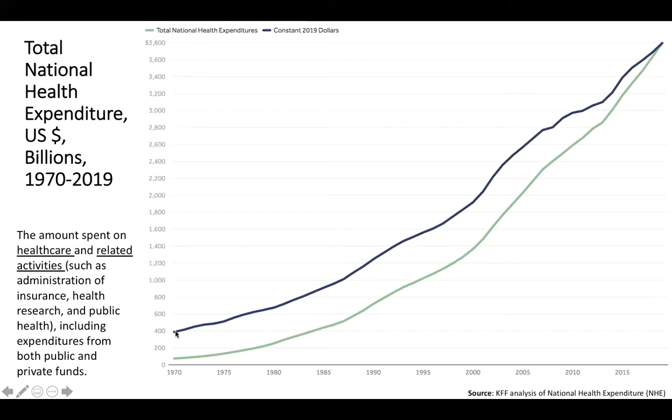It has evaluated all the money in each year based on the value of money in 2019, and even with that, when every single dollar expended in each year is based on the value of the dollar in 2019, we still see a significant increase in healthcare spending going from 1970 to 2020, in 50 years.